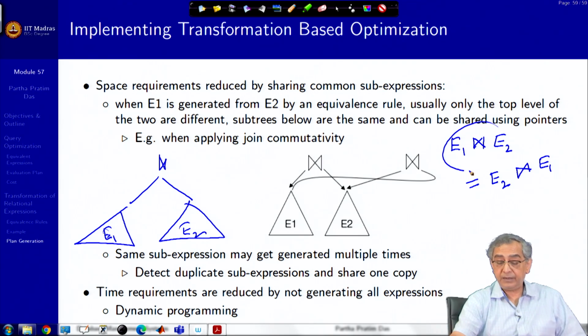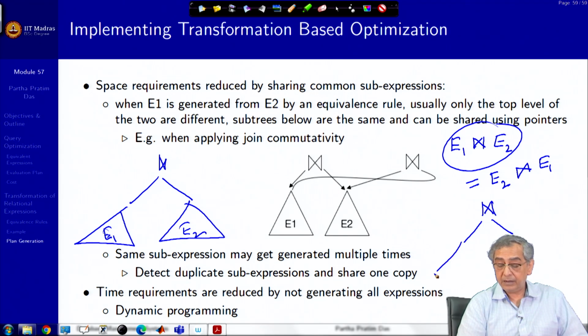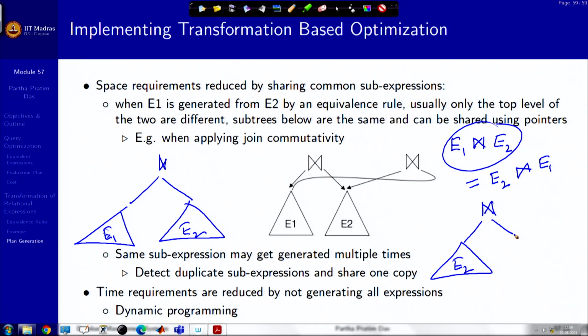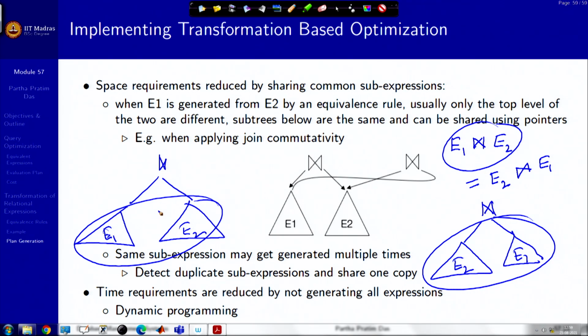This is for the left hand side, and I will similarly have for the right hand side E2 here and E1 here, right. But instead of making two copies of this for this alternate, I could just manage by using multi tree pointers, right. So, the same sub expression may get generated multiple times. I can have a smart algorithm to detect duplicate sub expressions and share only one copy.